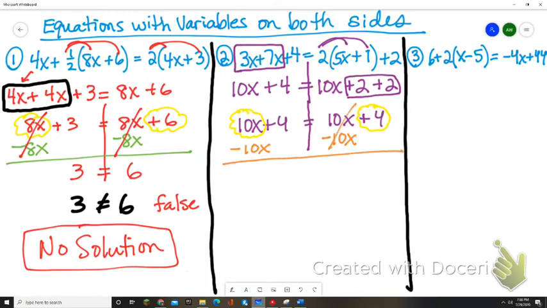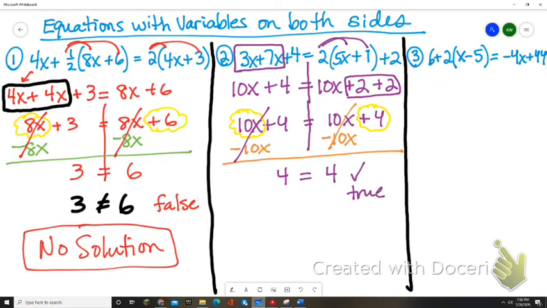It's just my preference to move that x term to the left side before I do anything else. And again, in this problem, our x terms canceled, and we're left with 4 equals 4. If all of your x terms cancel, then you have a special case. In our lifetime, 4 does equal 4. That is a true statement.